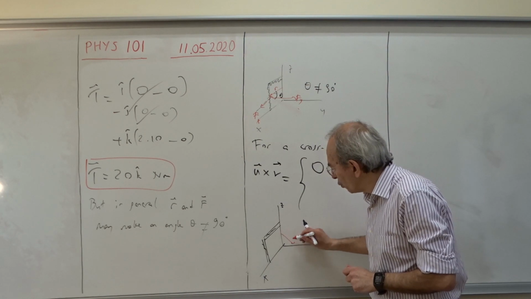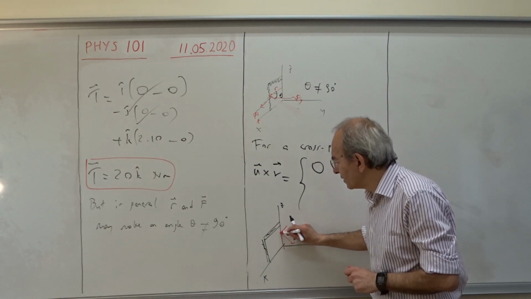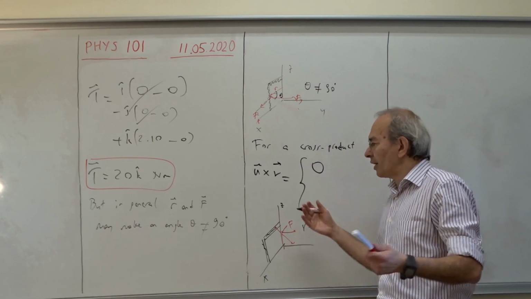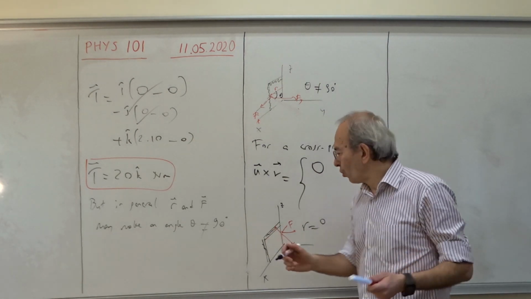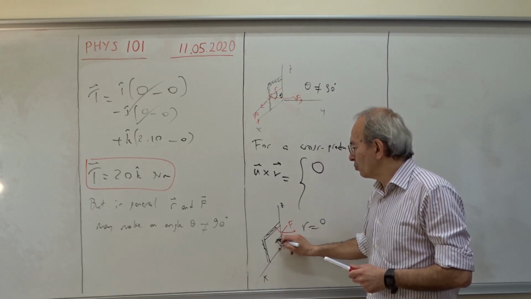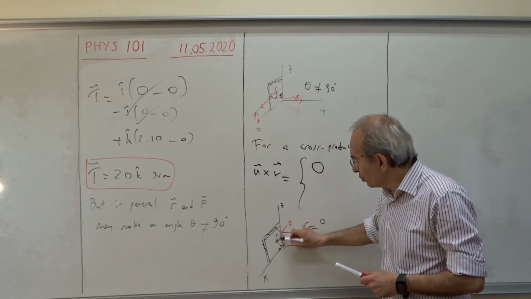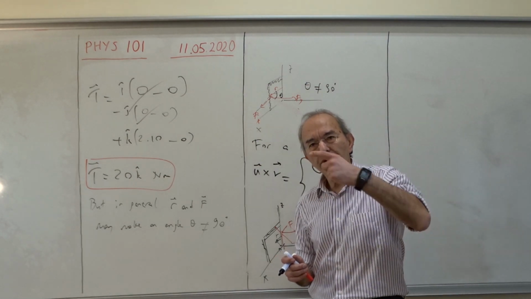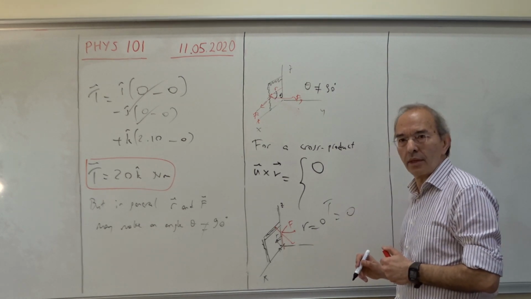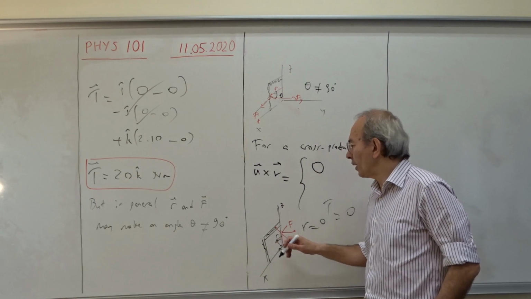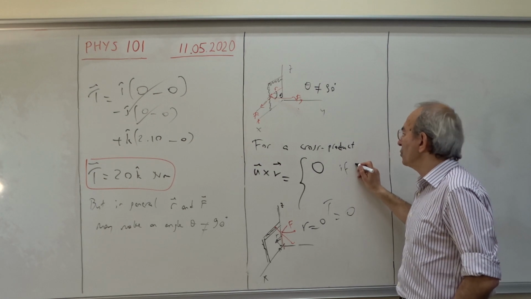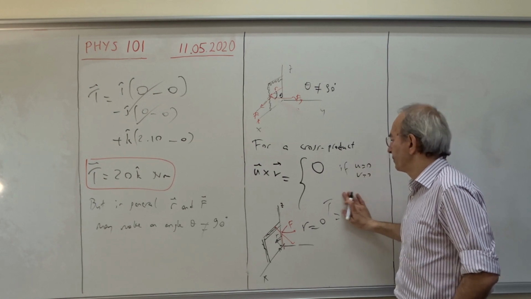If you apply your force on this z-axis, which means there is no R. Or if you try to apply this somewhere here, your force is applied to a smaller R. In the case of application on the z-axis, there is no R, so obviously there is no torque. But this is a possibility, 0, if U is 0 or V is 0.